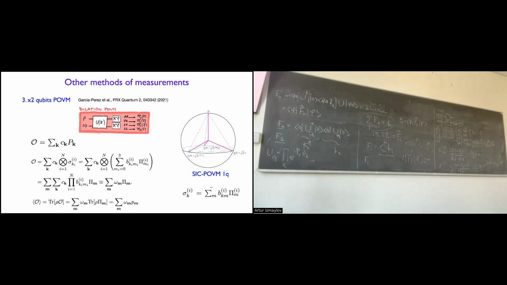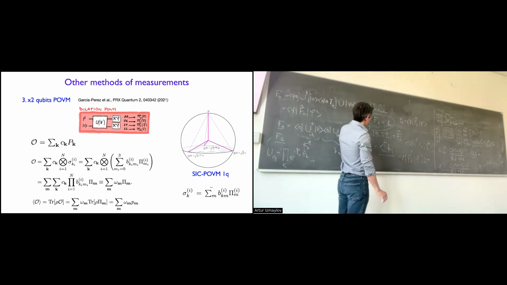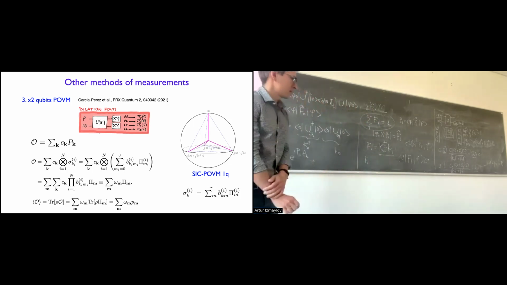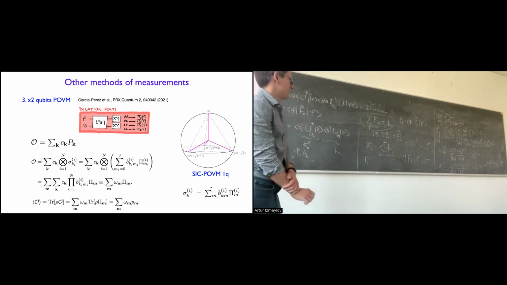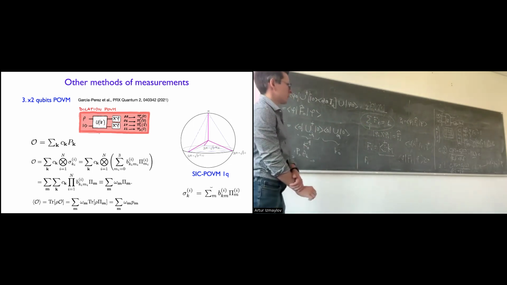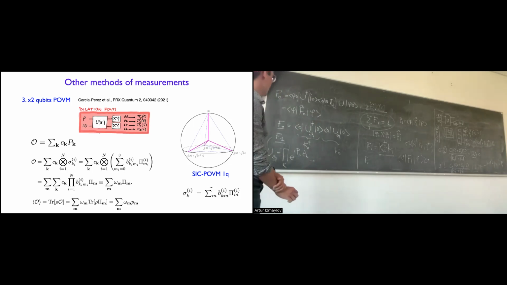I understand this is a little bit abstract, but the main point here is that all these POVMs are still a resolution of identity, but they are non-orthogonal. One way to think about them is that something happens in the bigger space, and that corresponds to projection into some states which are non-orthogonal in the target space.